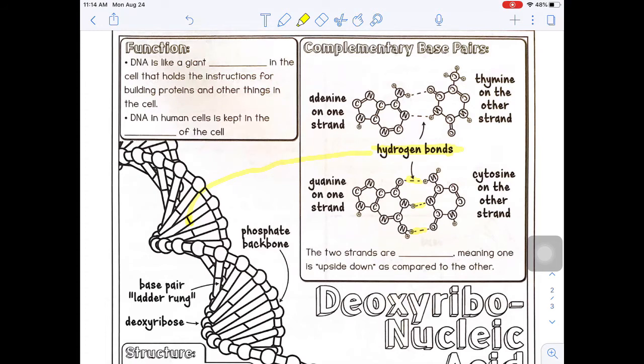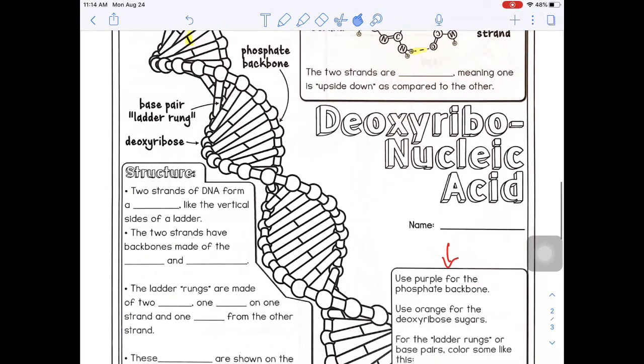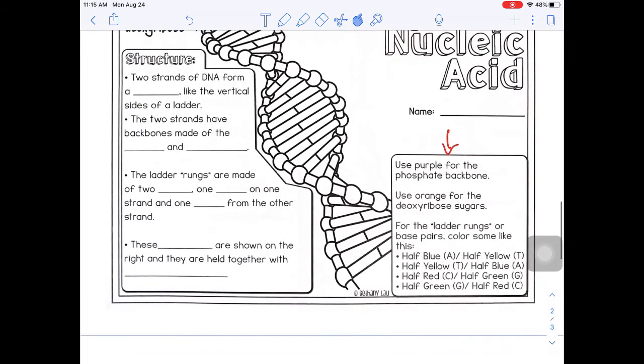And the 2 strands are anti-parallel, meaning one is upside down compared to the other. On one side the sequence or the order runs one way, and on the other side it runs the opposite way. All right, so with the others, let's see what these notes are supposed to say. The 2 strands of DNA form a helix like vertical sides of a ladder.